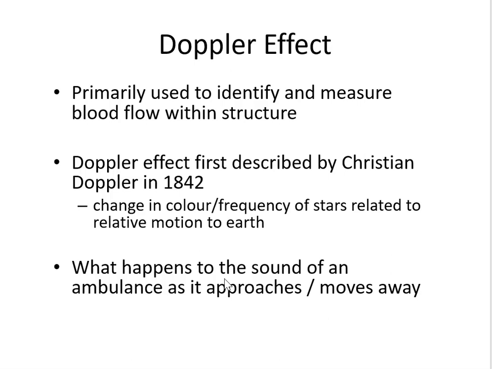Because as things are moving away from you, the light waves are stretched and then redshifted, which might not be that important, but that's where the Doppler effect comes from. Initially a light phenomenon, but the same thing is true with sound.